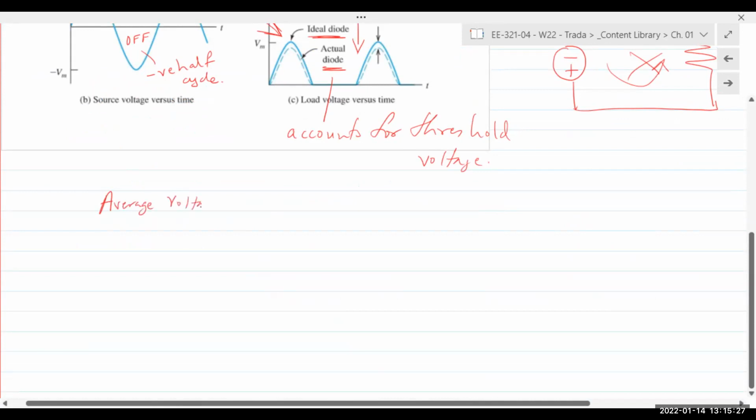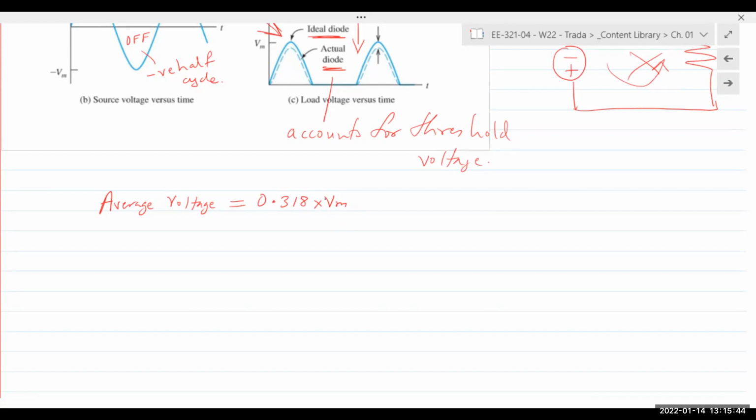So the average value of that voltage waveform for a half-wave rectifier is 0.318 of the peak, or the VM value. So if the peak value of the waveform is 10 volts, then the average DC value at the output of a half-wave rectifier would be 3.18 volts.